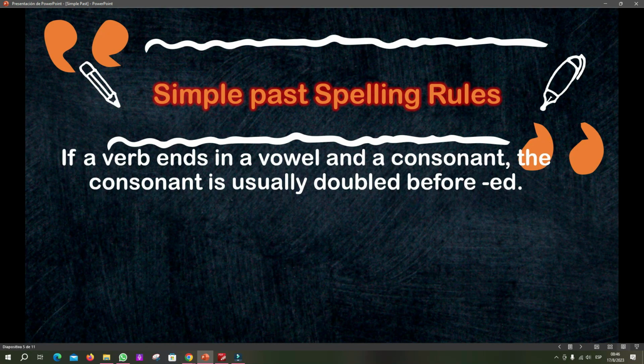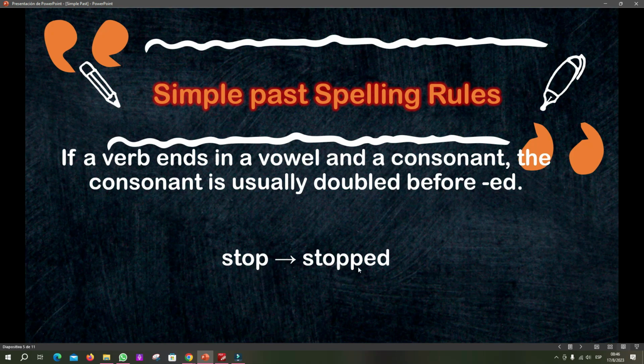If a verb ends in a vowel and a consonant, the consonant is usually doubled before ed. For example, stop. Here you have what? Consonant, vowel, consonant. That's why you're going to double the last consonant.